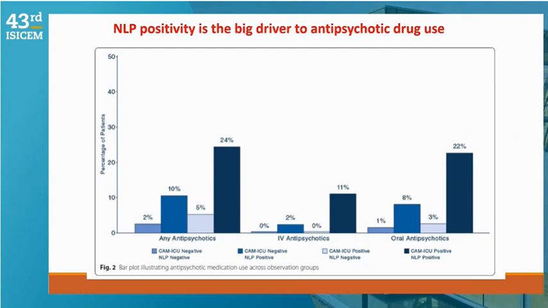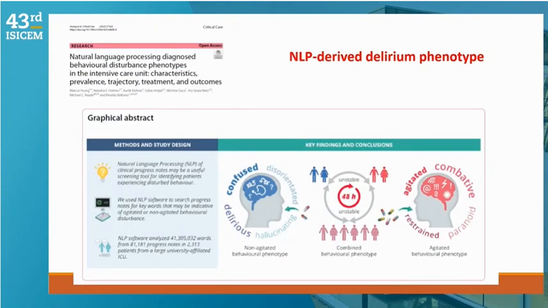And in particular, NLP positivity is the driver to antipsychotic use. CAM-ICU gets overwhelmed by the words that people use to describe what they see. Doctors, nurses talk to each other, and they react to whether somebody says the patient is agitated, the patient is bonkers, the patient is trying to punch somebody, I've had to restrain them. That's what people respond to, not to the patient being CAM-ICU positive.